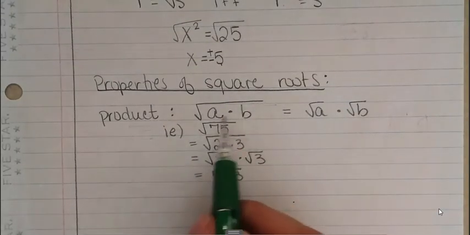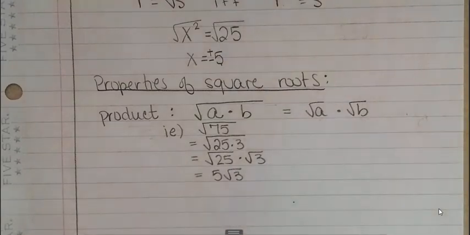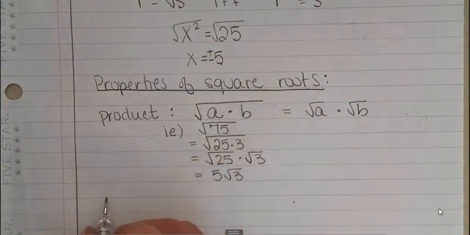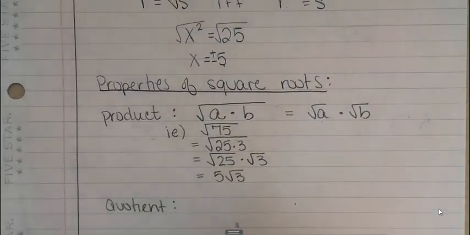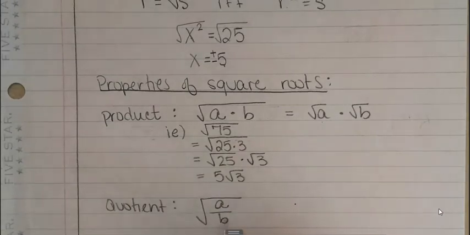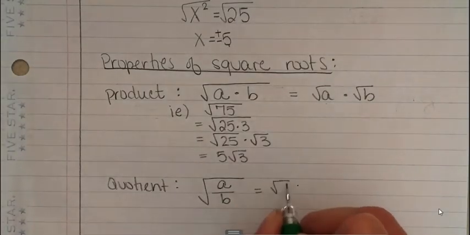You can basically take that product that's under the radical and break it up into the product of two radicals. Now, what if we have a quotient? For example, the square root of a over b. Same thing applies. You can break it up so that you have the square root of a over the square root of b.